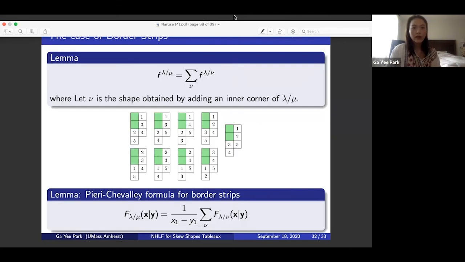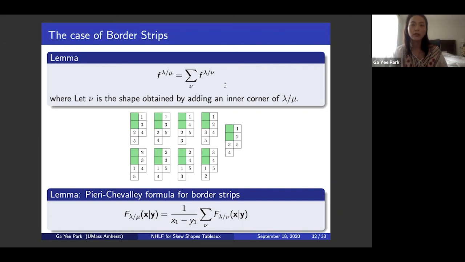And then once they have that, they also have the recurrence property of standard Young tableaux, which is shown in this lemma here. Given any skew shape, to build a standard Young tableau, you label one of the inner corners as 1, then fill out the rest as a standard Young tableau of the smaller shape. So for example, for these 9 standard Young tableaux, there are really 2 types.